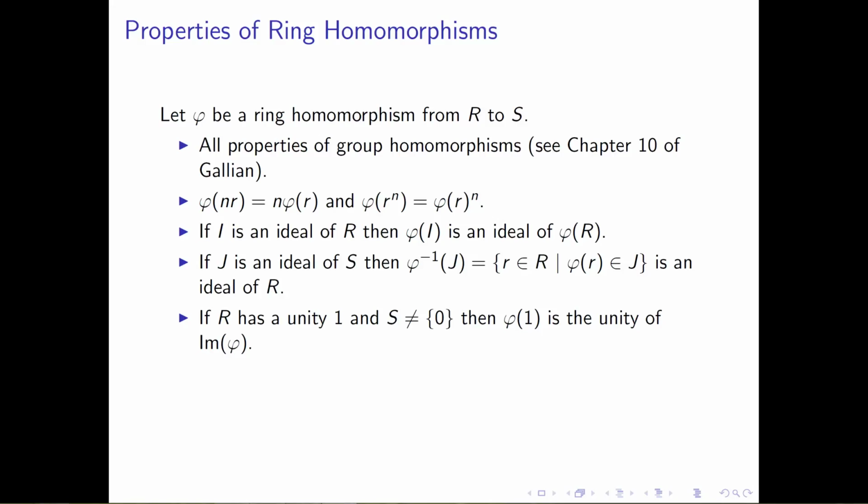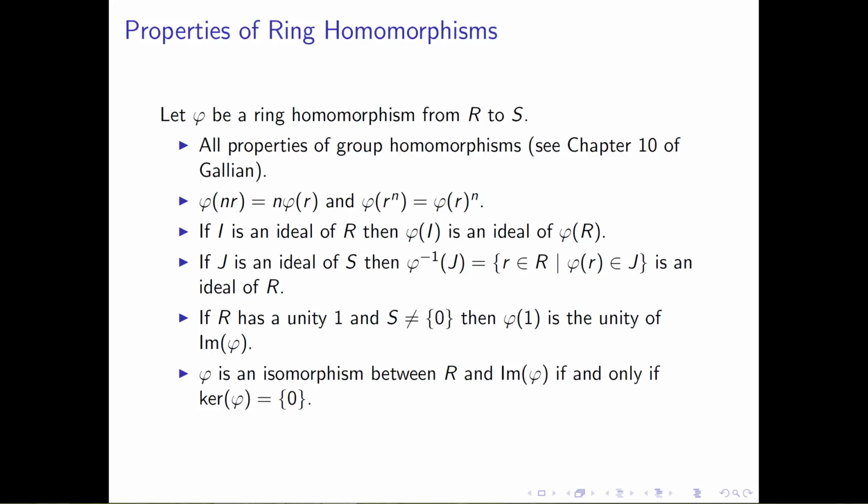So back in group homomorphisms, where we only had one identity, one of the group homomorphism properties was that phi of the identity is the identity of the image of where you're mapping to. The same thing is true about the unity. If you switch from the additive identity to the multiplicative identity, or the unity of a ring, then what you get, this phi of 1, is the unity of the image.